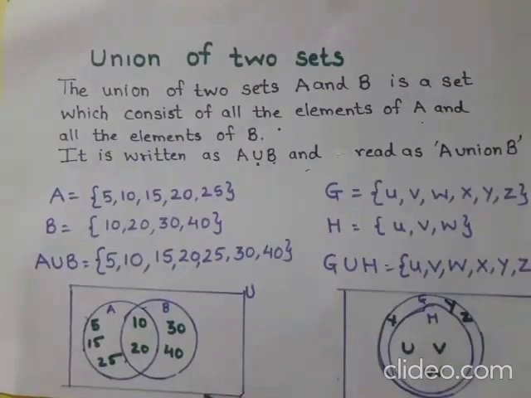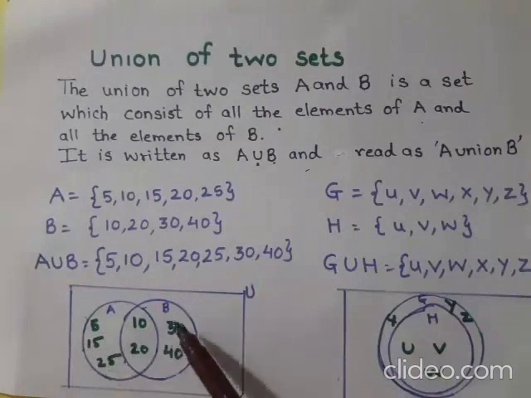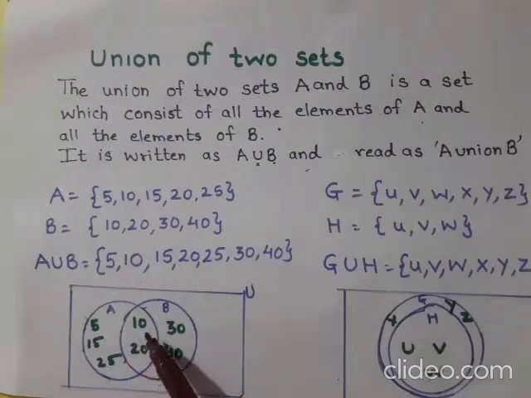So, this is a Venn diagram for set A union B. Set A contains all the elements 5, 10, 15, 20, 25, whereas set B contains elements 10, 20, 30, 40, and you will see that elements 10 and 20 are common, so they are lying in both the circles.